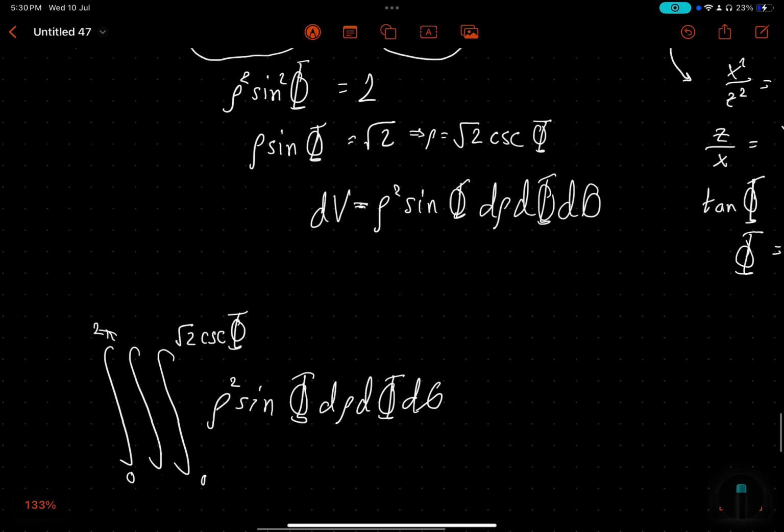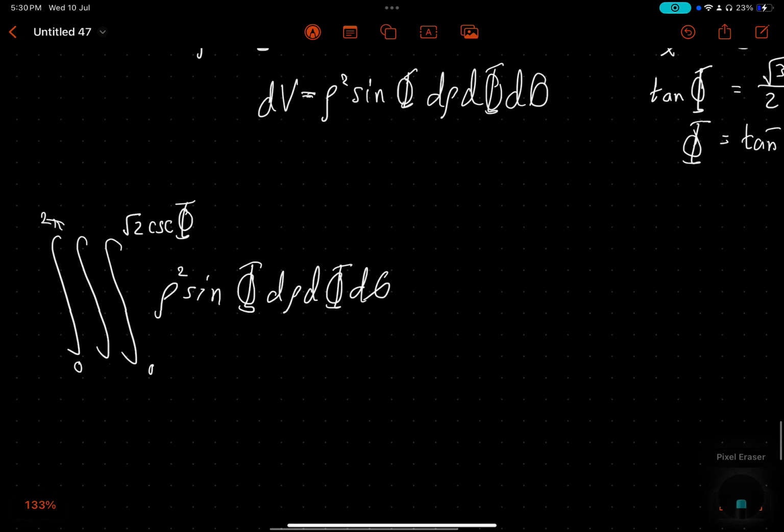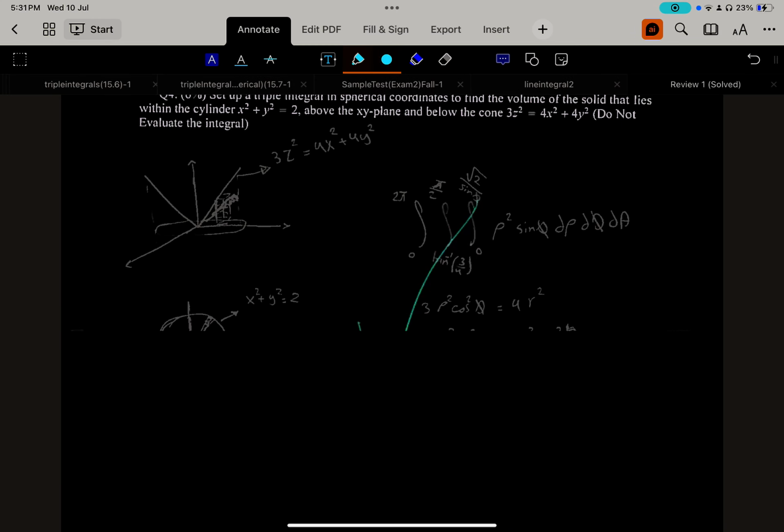We have tan inverse of root 3 over 2, that's known, and then it should go from here up to pi over 2. The angle from the z-axis to the x-axis is pi over 2, and 0 is along the z-axis. So phi goes from tan inverse of root 3 over 2 to pi over 2, and theta is from 0 to 2 pi.